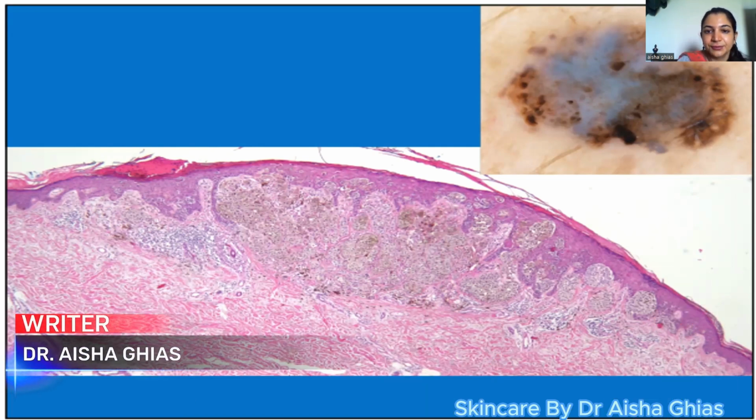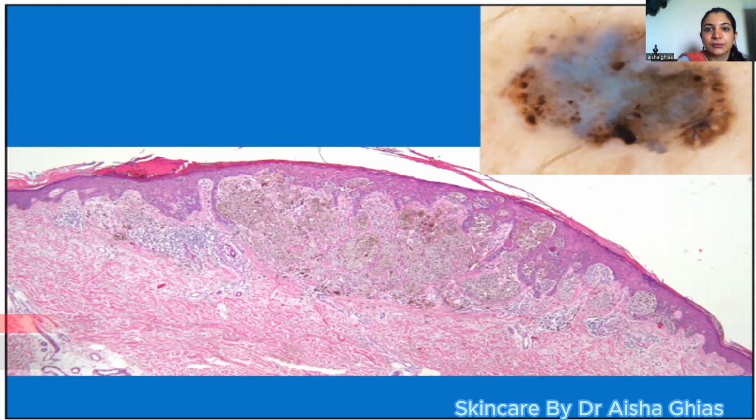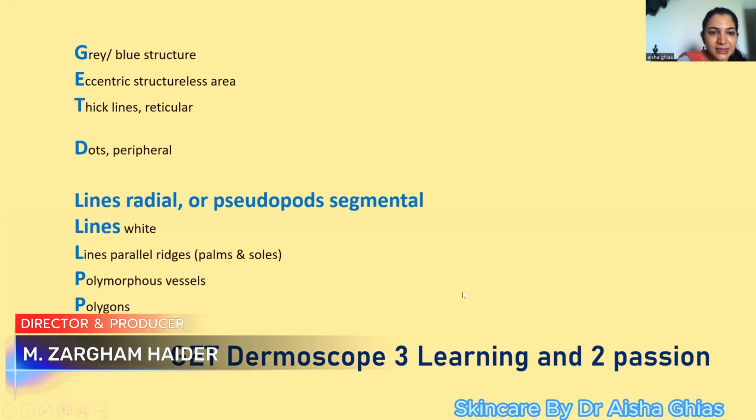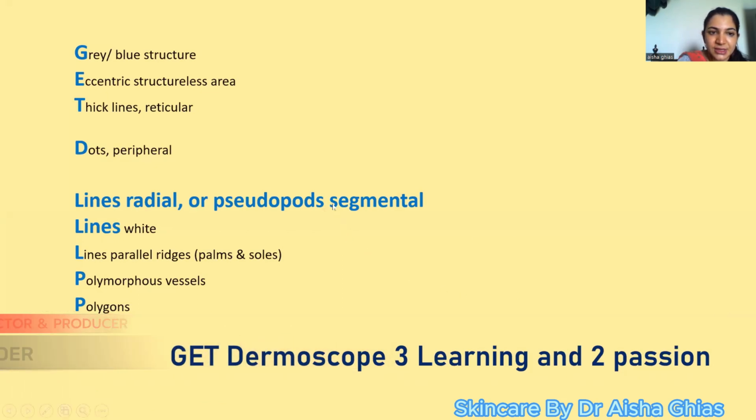Okay, so the next slide is lines radial or pseudopods segmental. This is the next clue. Radial lines are usually seen in malignancies. Which malignancies? Melanomas as well as BCC. Now, the radial lines in melanomas denote radial proliferation of atypical melanocytes.